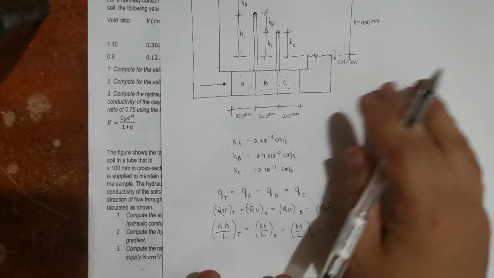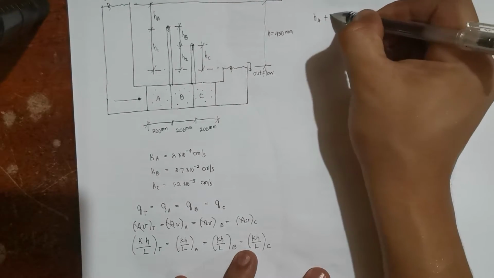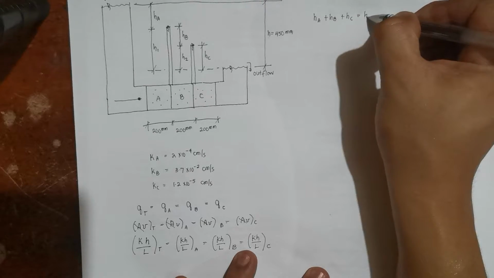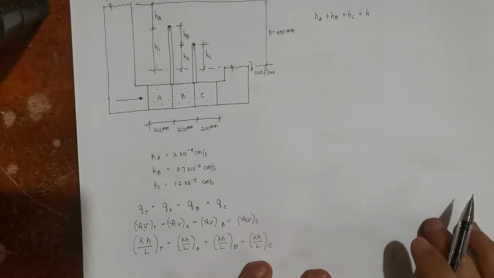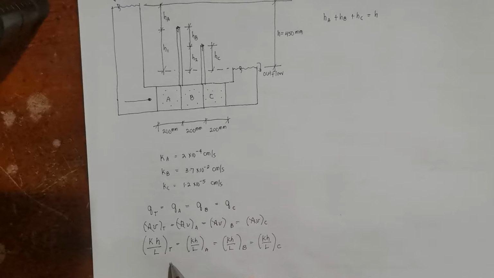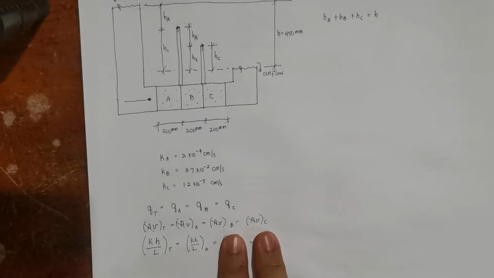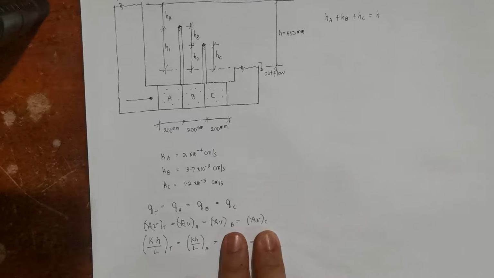Therefore, we have an equation there. You can say that HA plus HB plus HC is total H. But in this equation, we can analyze the equation of the head losses. For head loss of soil A, we cover these two and then cross multiply to get our equation.